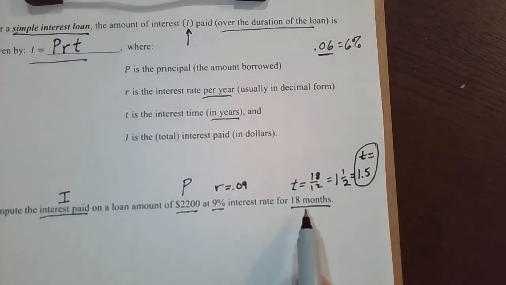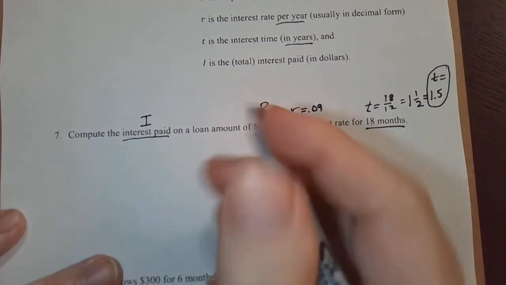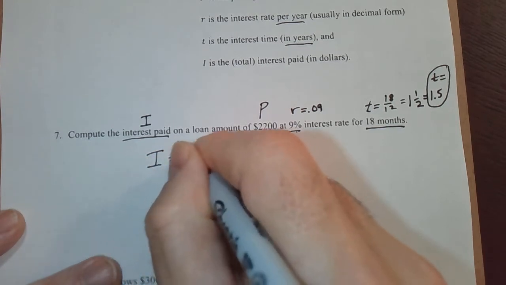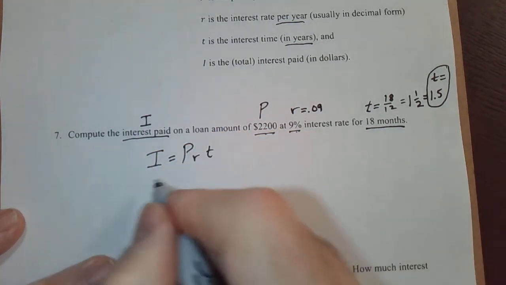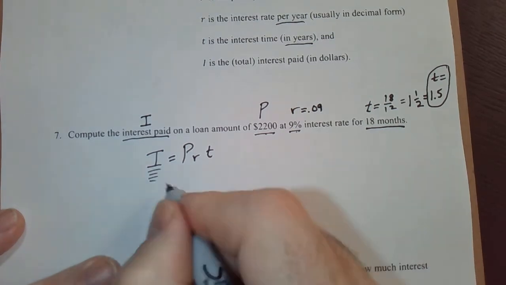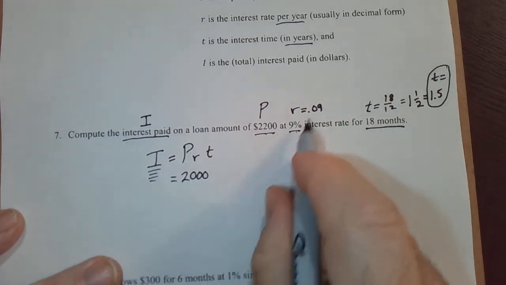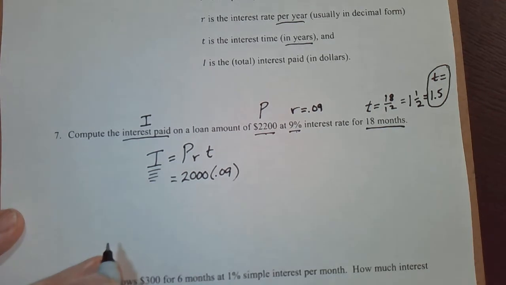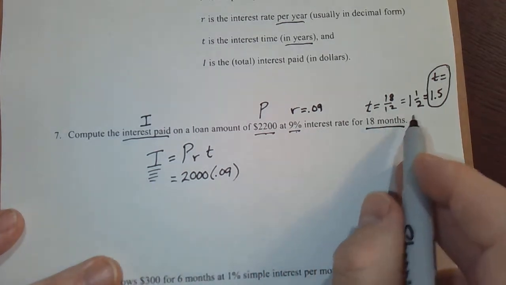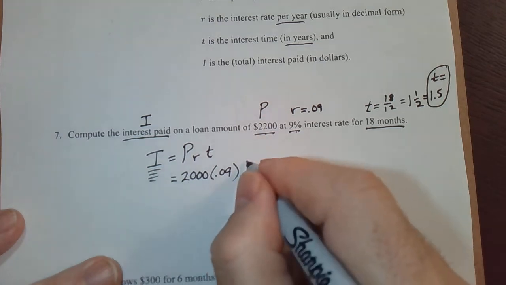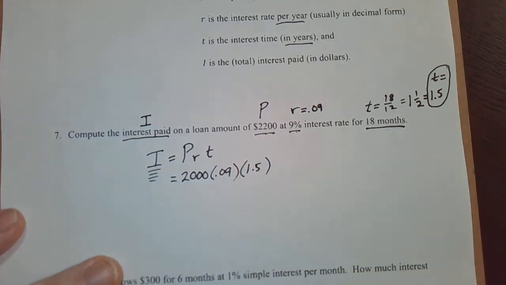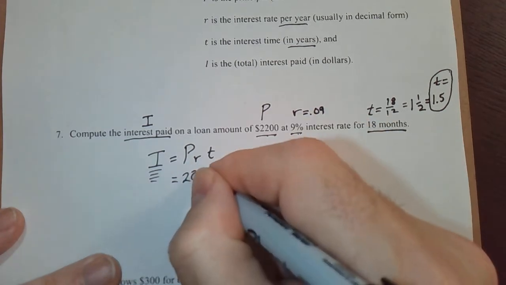You all know that 18 months is 1.5 years. Okay, so the formula, I'll write it again. I equals PRT, and we happen to be looking for I. Well, that's going to be 2,200, that's P, the principal. R is 0.09, and T, we said, is going to be 1.5 years. So let me plug that into the calculator.